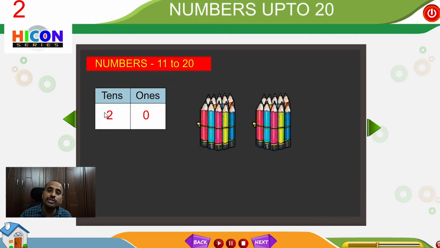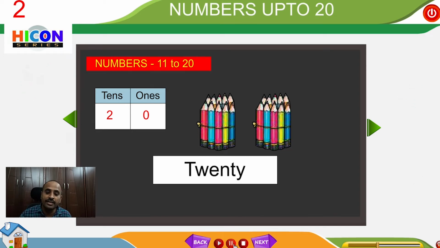This 2 0 together is called 20. And this 20 can be written in words like this: TWENTY, 20.